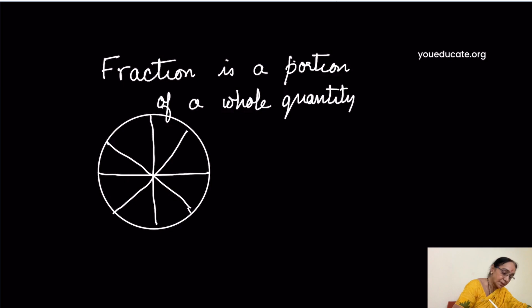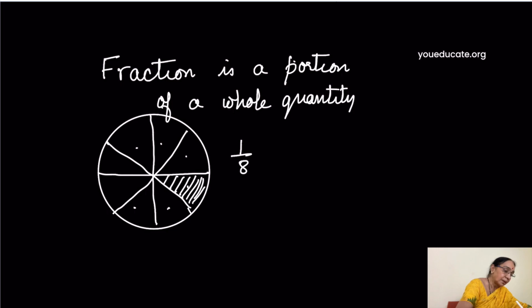Now I have divided this circle into 8 parts. So each portion is denoted by 1 by 8. Now you can see that there are 8 parts of it. The circle has been divided into 1, 2, 3, 4, 5, 6, 7, 8. So the shaded portion represents 1 by 8.